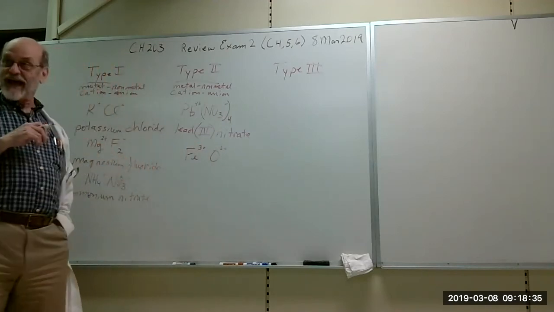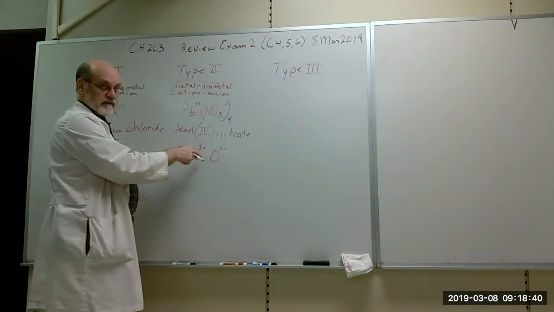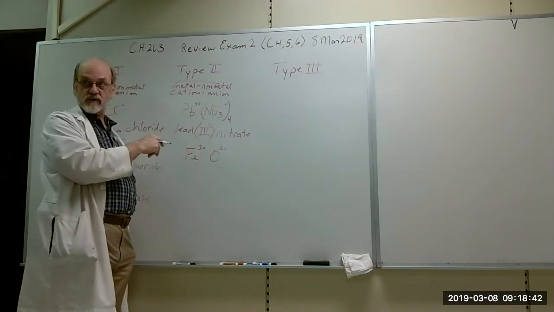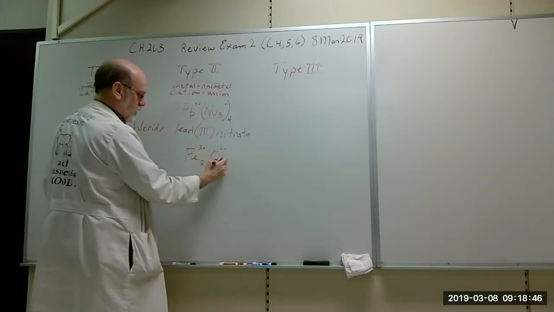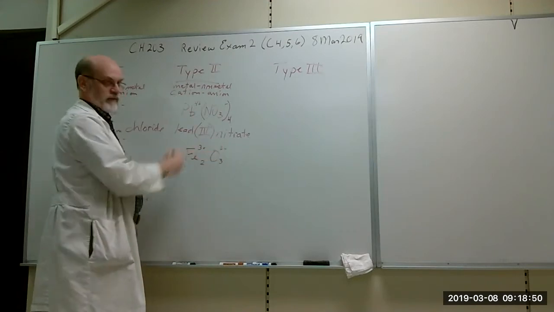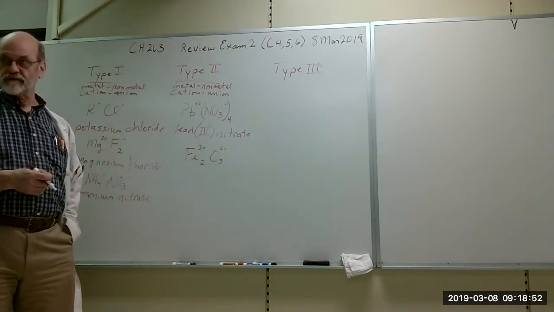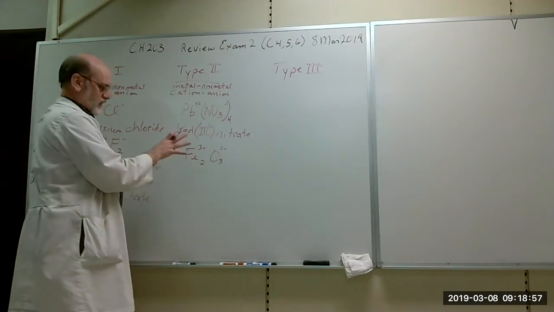Now we need to balance the charges. When you have an odd and an even charge to balance, the best way is to cross multiply. Just bring the 2 over here and the 3 over here. And then you can check yourself. 3 times 2 minus and 2 times 3 plus. You're balanced. So Fe2O3 is the correct formula.